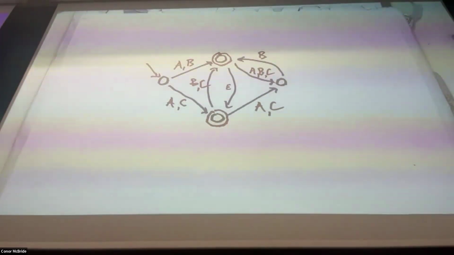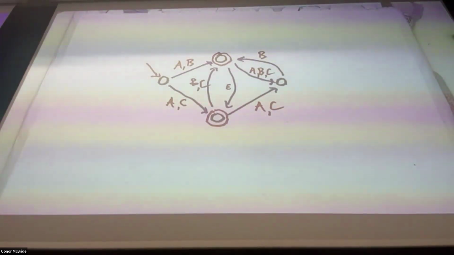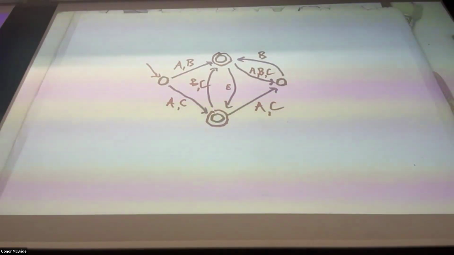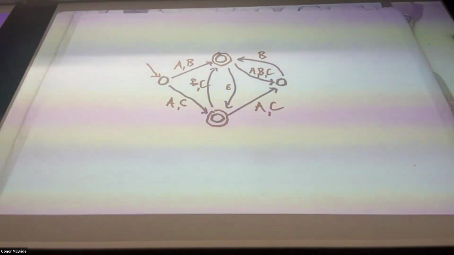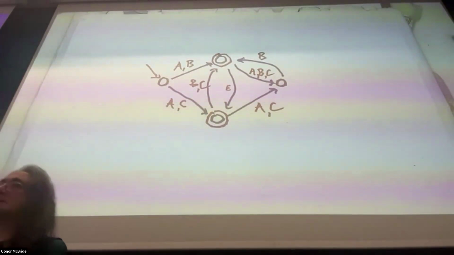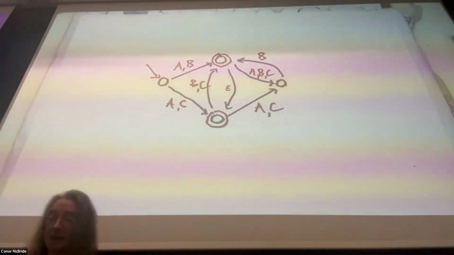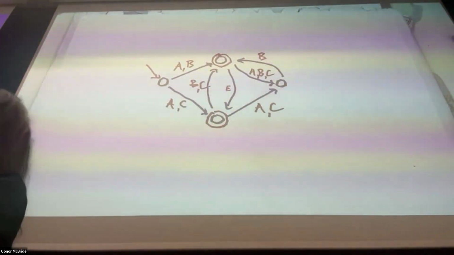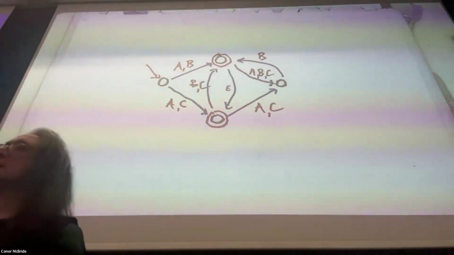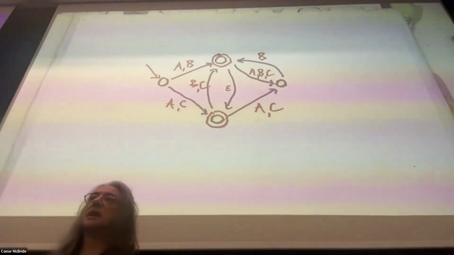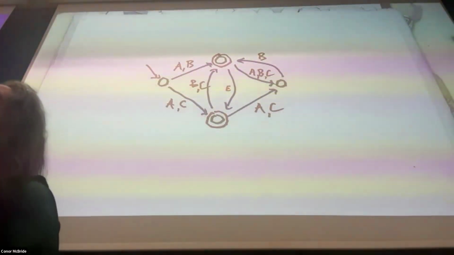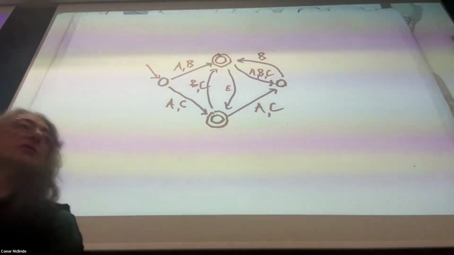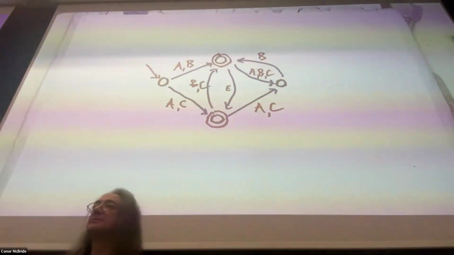So Connor, what does it mean for it to accept something now? Because maybe there's one way to go to an accepting state and another way to go to a non-accepting state. Right, so we take the sunny view: if there is any way to achieve acceptance, the input is accepted.